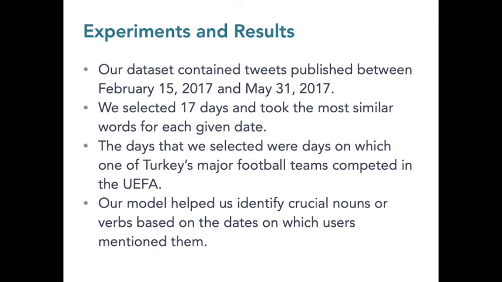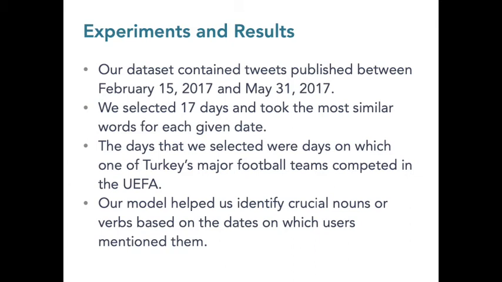For the first experiment, we took a data set that consisted of tweets that were published between February 15, 2017 until May 31, 2017. From this data set we constructed our graph, and we selected 17 days as our main dates, and we took the most similar 10 words for each given date.